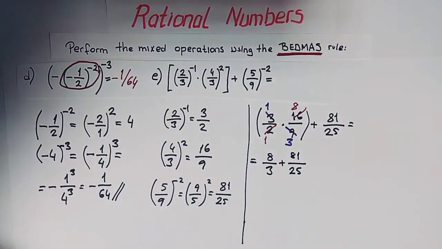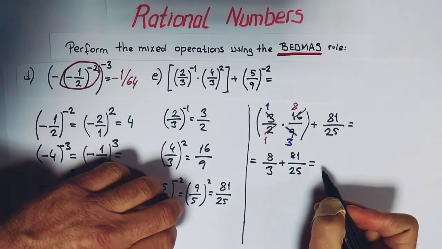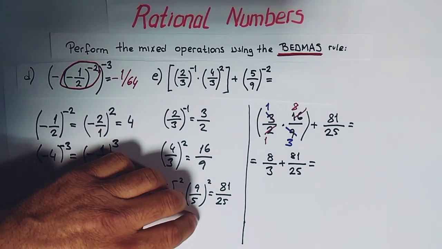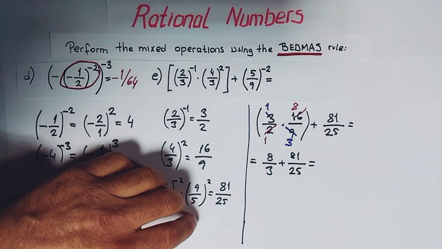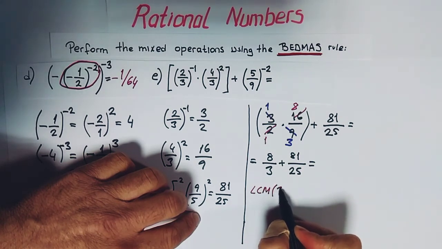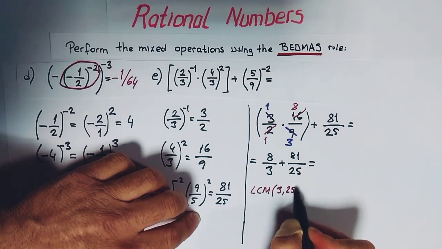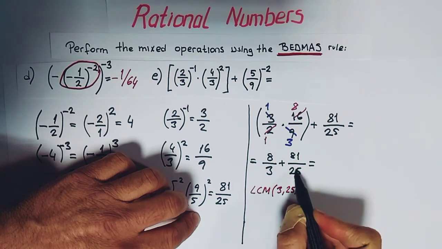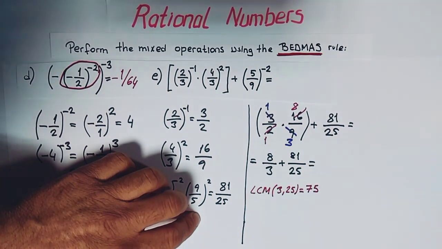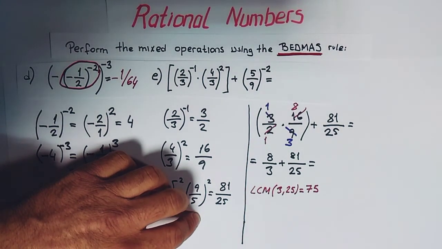We have 3 and we have 25 in denominator. We must have equal denominator and least common multiple of these two numbers. Because again, they don't have any common factor, 25 and 3. So it will be 3 times 25, which is 75.